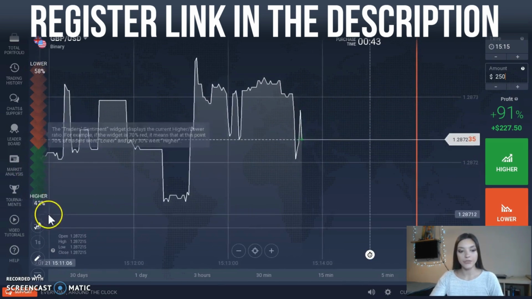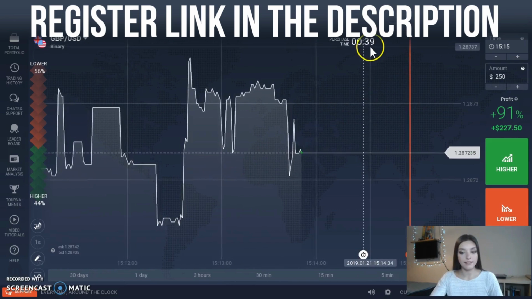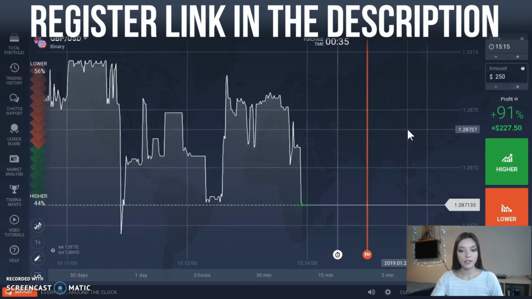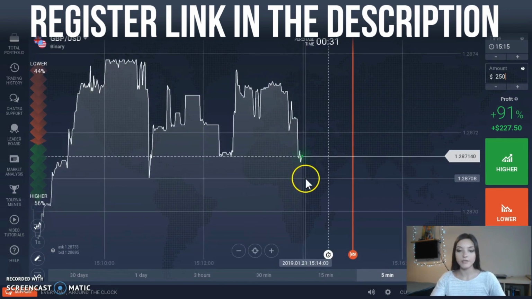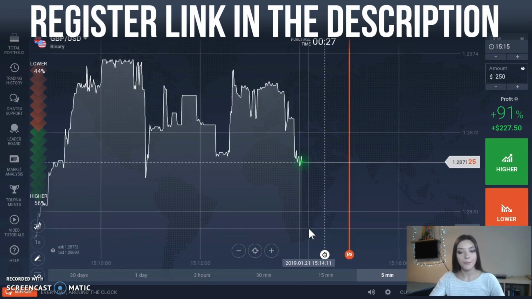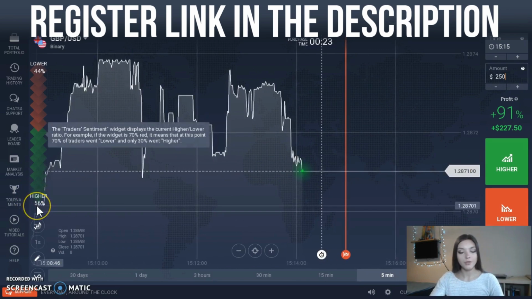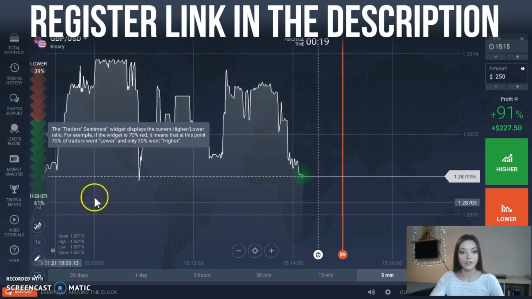58% against 42%. Purchase time, 40 seconds left. We see that the line of the market trend is falling down, so I guess it will rise up. That is why 56% and right now 61%.